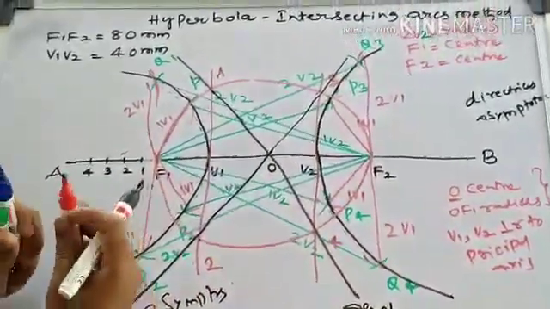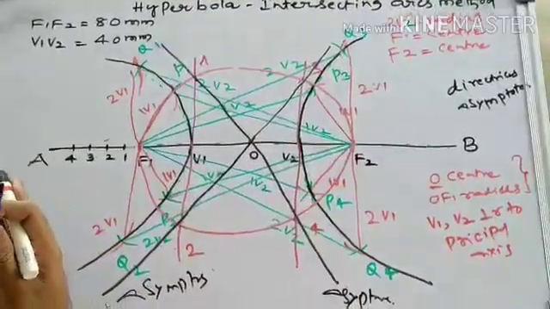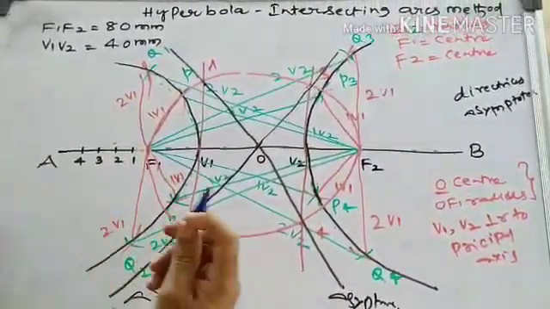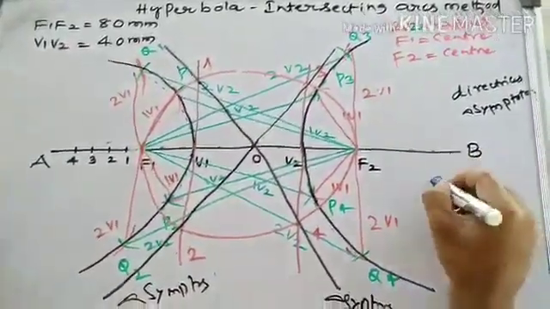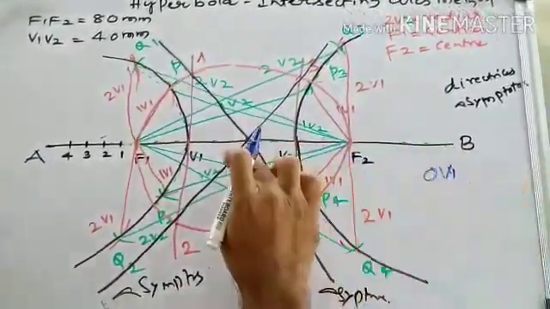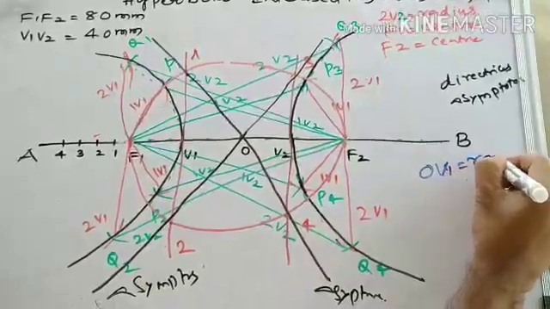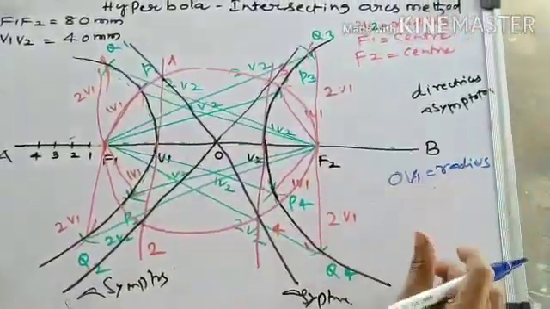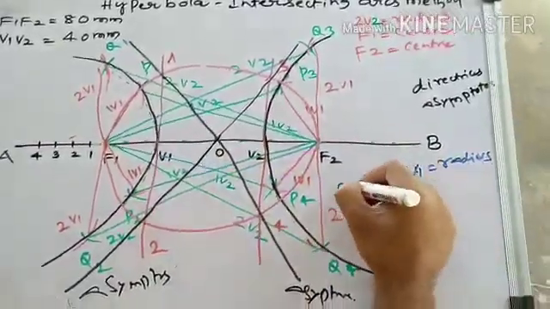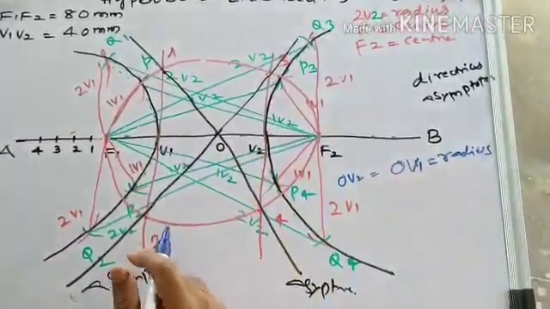Now consider OV1 as a radius. OV1 is going to be the radius, and that is equal to OV2 also.